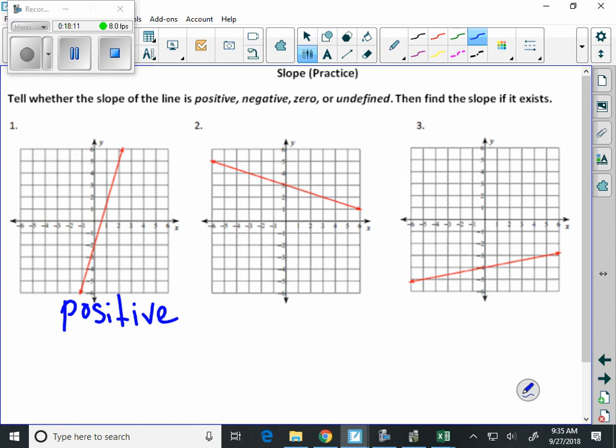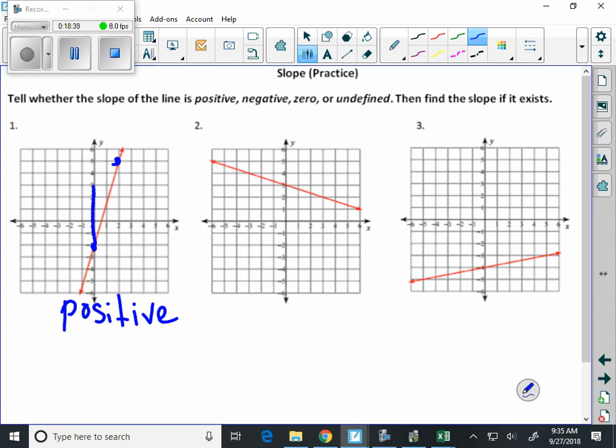But just as a reminder, what we do to figure out the slope here, because slope is defined as rise over run, is we find a couple points that are right on the corner. For instance, I picked this point here, 0, -2, and I also picked this point way up here at 2, 5. And we can draw a triangle.